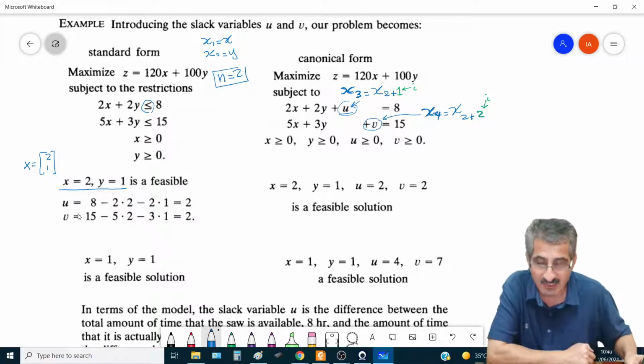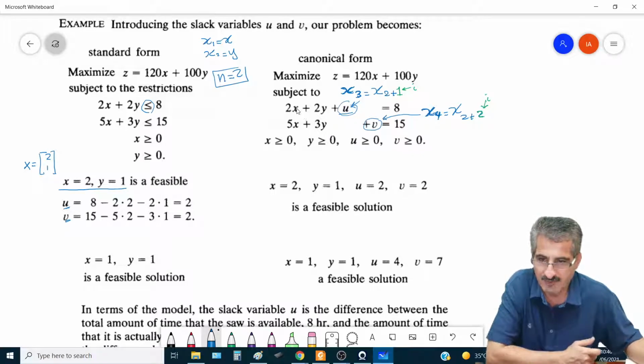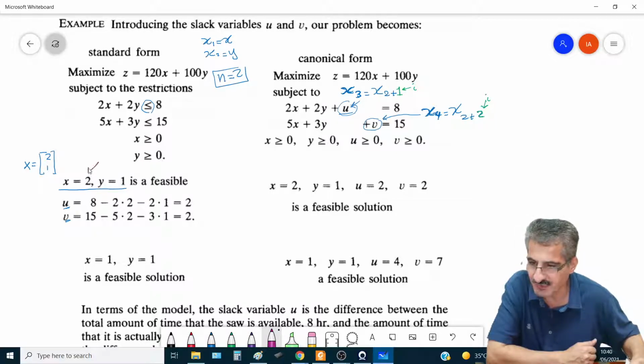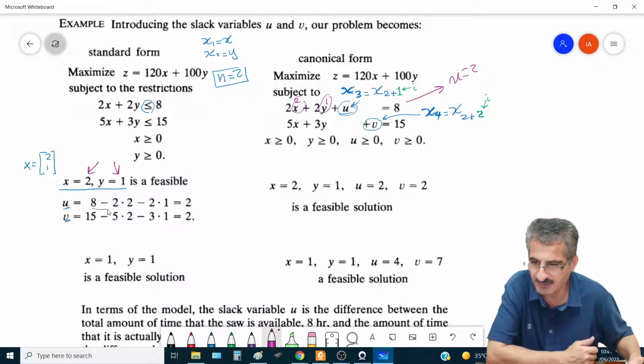Now compute u and v out of these two coordinates. So x takes 2, sorry, this is x, this is y. So go for 2 here for x and 1 for y, and that will give you u equals 2. We are just computing.